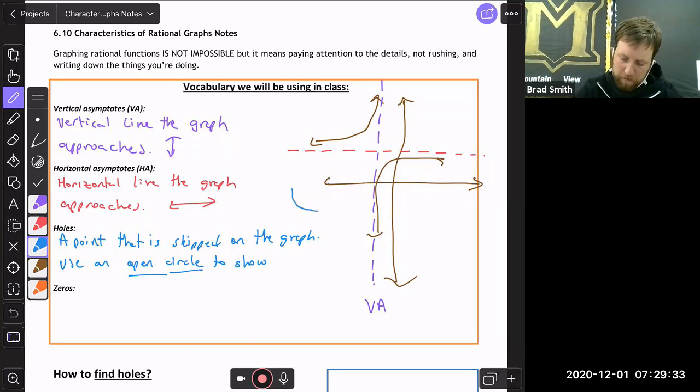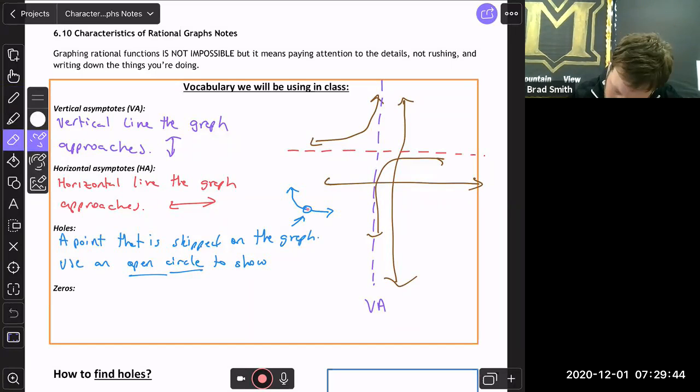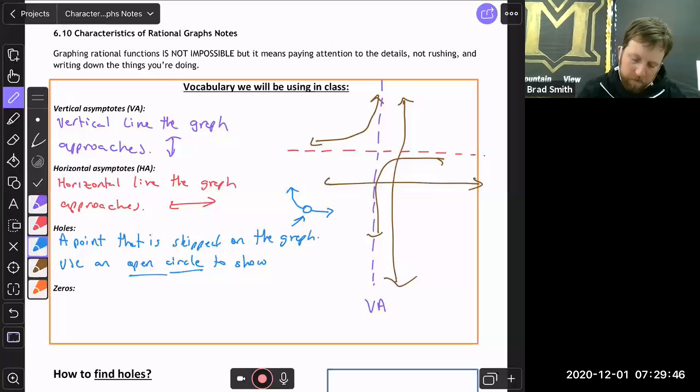So if it's on part of the graph, you'll see kind of an open circle. The graph will continue, just at that specific point we'll have an open circle. It's a hole. It's a point that's skipped, so it doesn't really work in the graph.